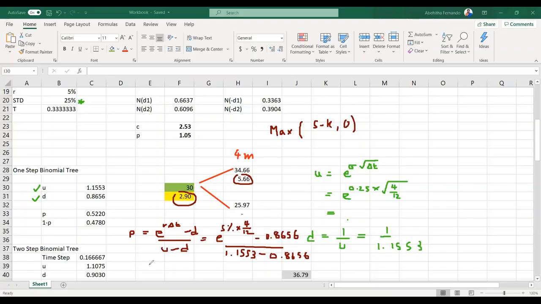But here, if you do this calculation, you should get 0.5219, right? So you should get 0.5219 as P.